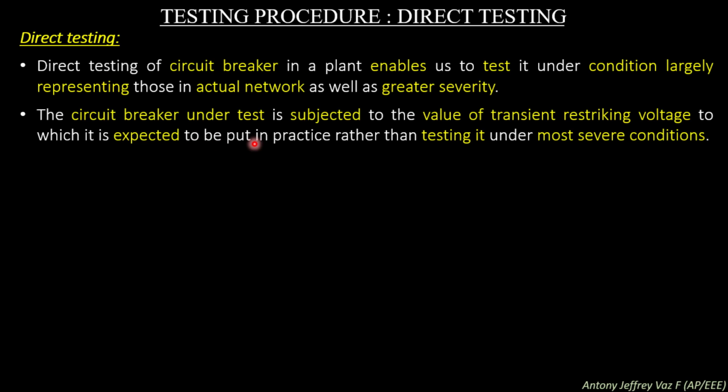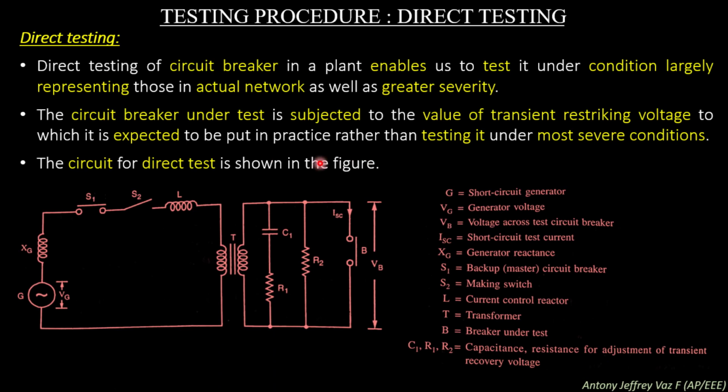The circuit breaker under test is subjected to the value of transient restriking voltage to which it is expected to be put in practice rather than testing it under the most severe condition. So, direct testing helps us to give the actual values if that circuit breaker is connected in a real power system. The circuit of direct testing is shown in the figure.